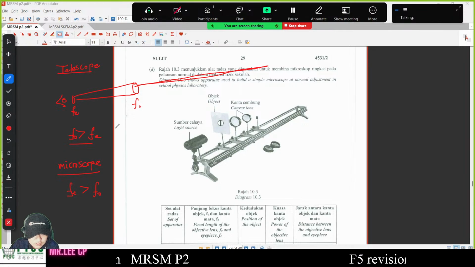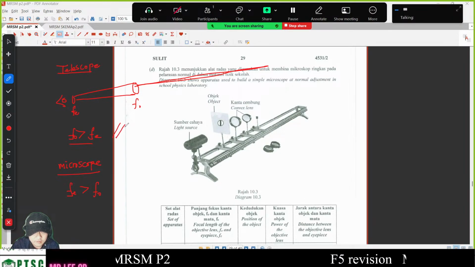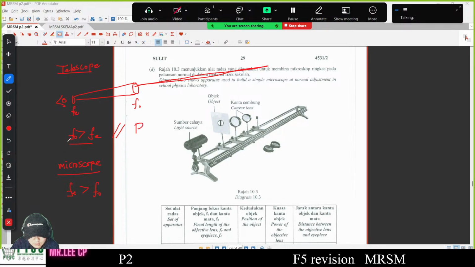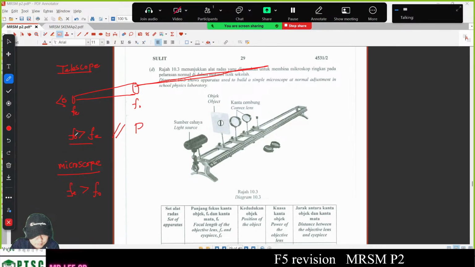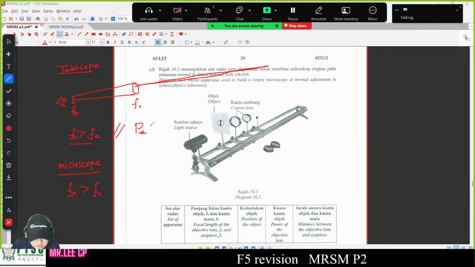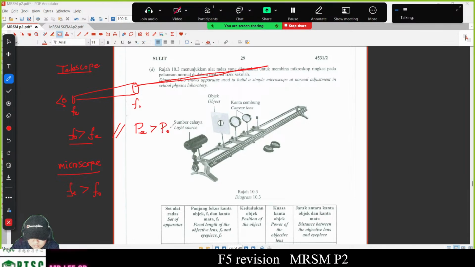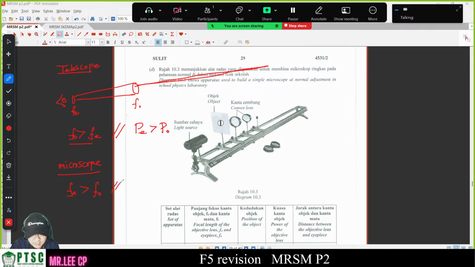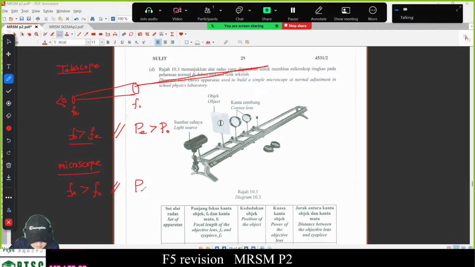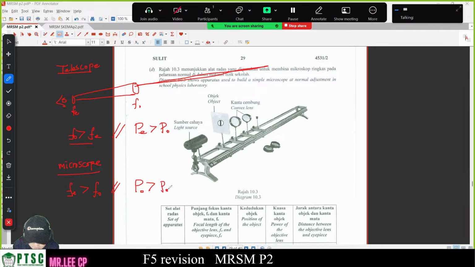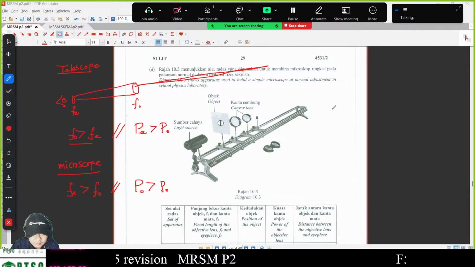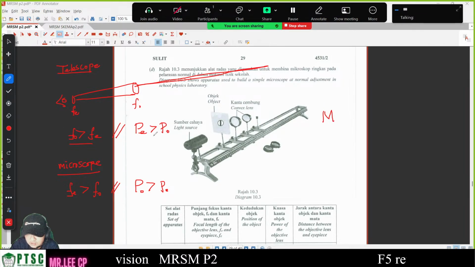If you understand, all right, we do revision. The power is reversed. So PO is more than PE for the microscope, and for the telescope it is PE more than PO. Magnification in the telescope and microscope is always big over small.